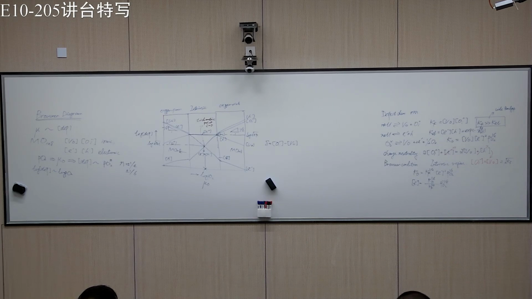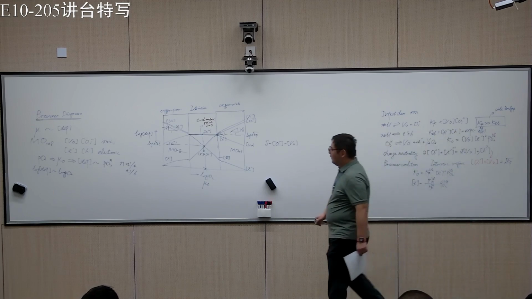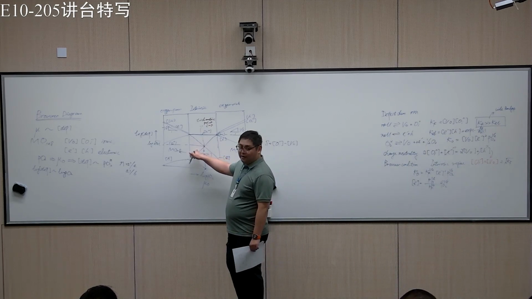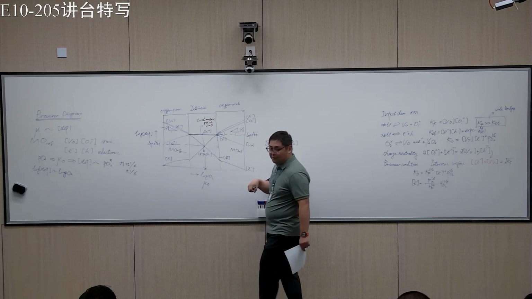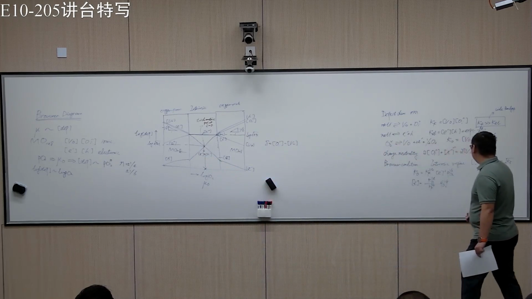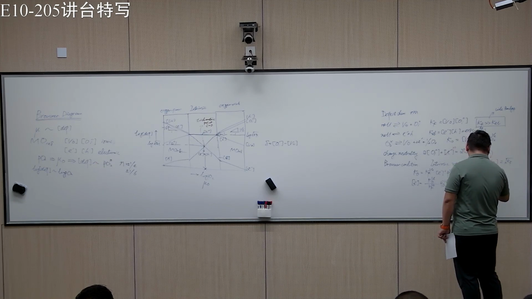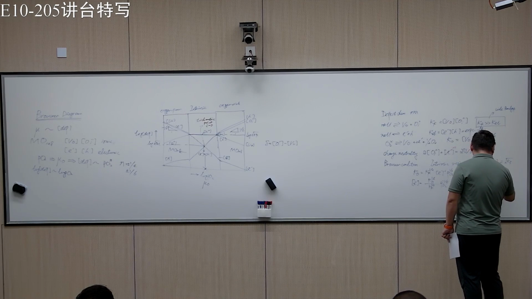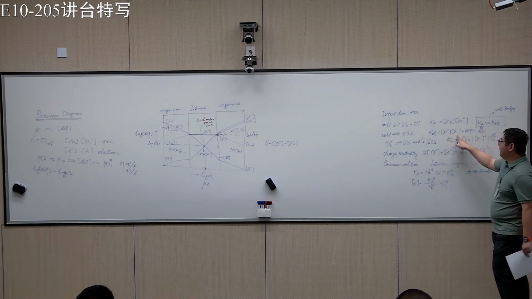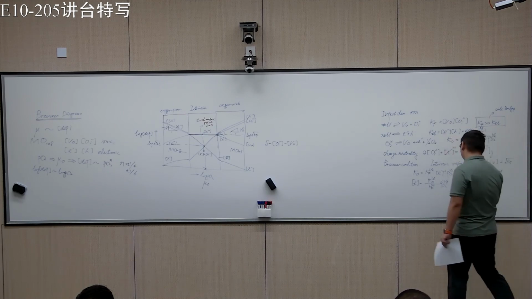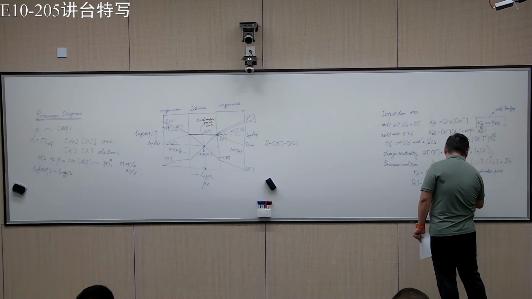So we know that at the stoichiometric point, we also have the number of electrons the same as the number of holes. Okay. So at the stoichiometric point, basically this thing should be the same as this one. So this then should be the square root of KEL.